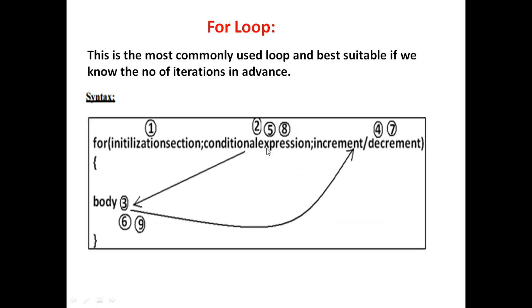The statements inside the curly braces are the statements of the while loop, and the statements between the two curly braces are known as the body of the while loop. So this is the basic syntax of the while loop.